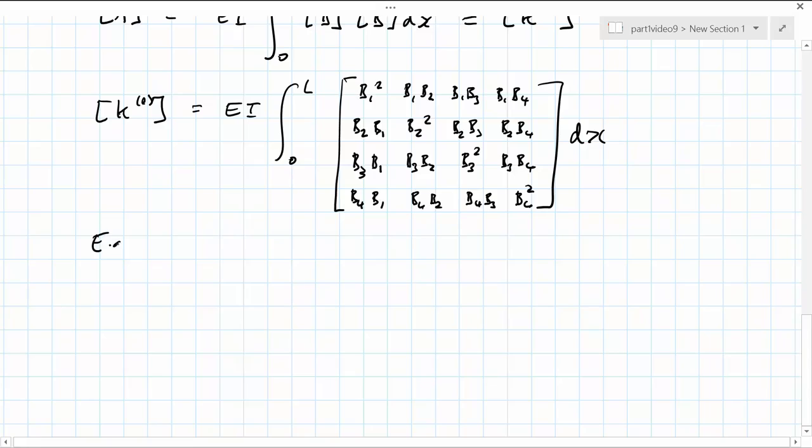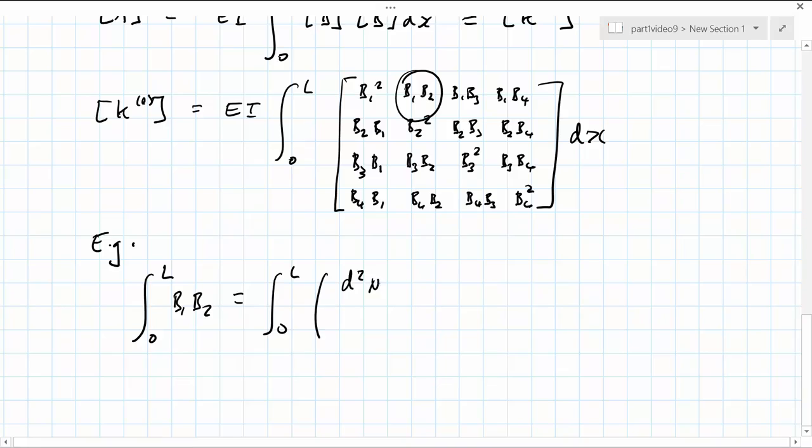As an example calculation, we can evaluate one of these elements. So let us evaluate the integral of B1 B2. So that gives us the integral of d2 n2i minus 1 by dx squared.